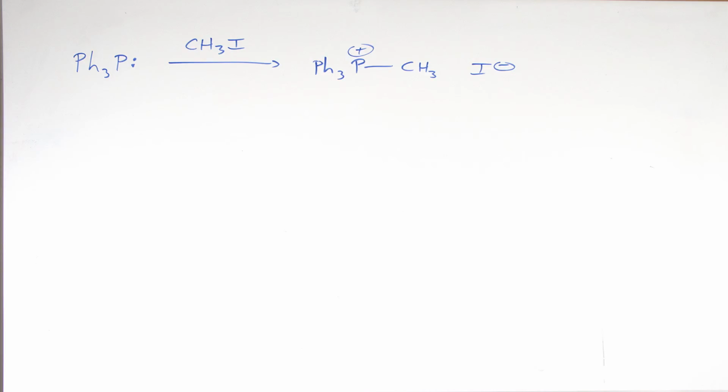Okay. So now I have a phosphonium salt. And I have no nucleophile. How am I going to get a nucleophile out of this? That would be an enormously unfavorable acid-base reaction. HI is exceptionally strong as an acid.